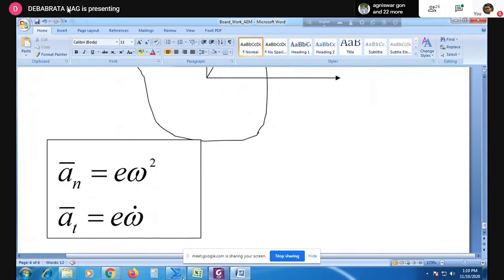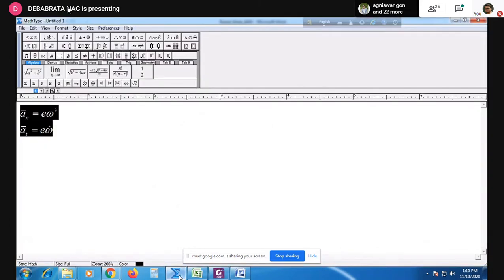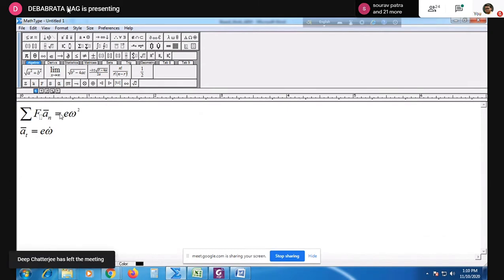How will you write Newton's equation? Newton's equation will be sigma Fn equal to m times the mass of the body.